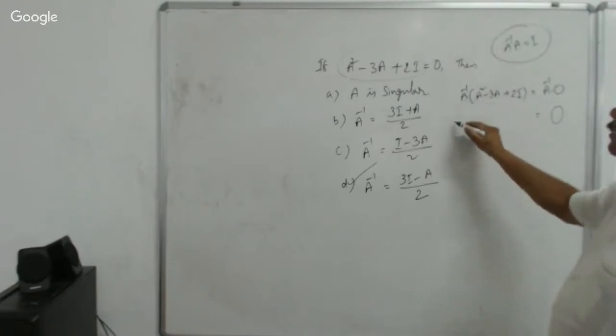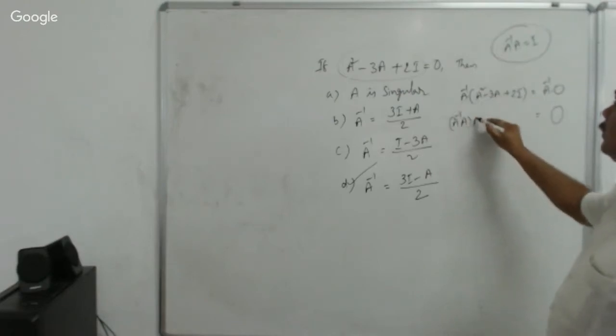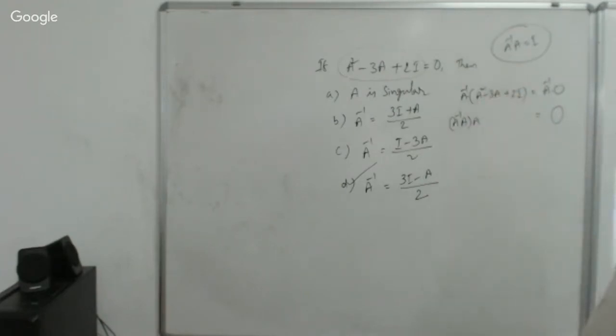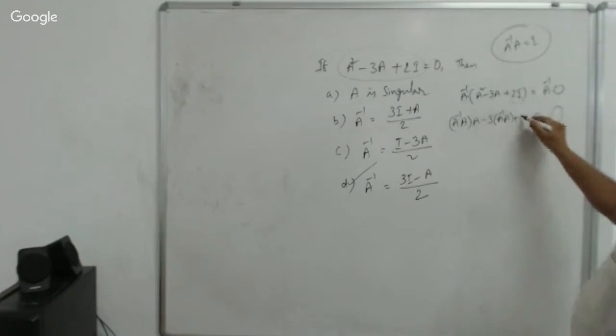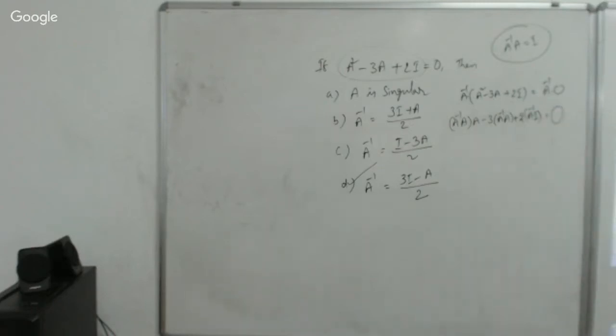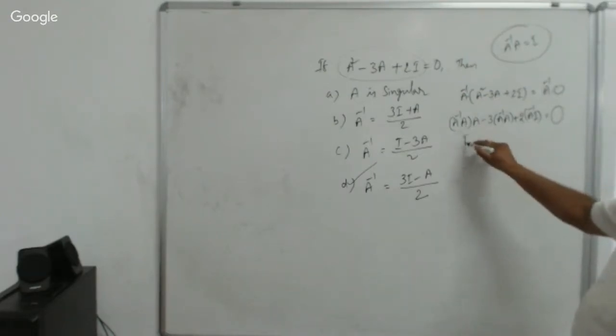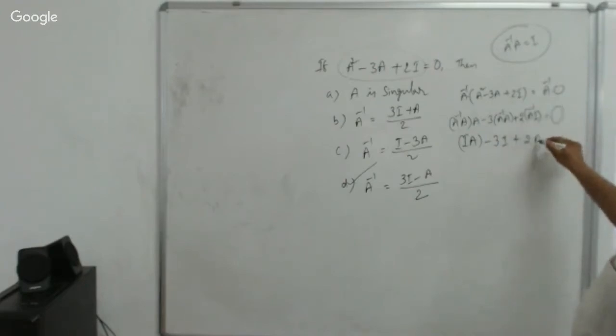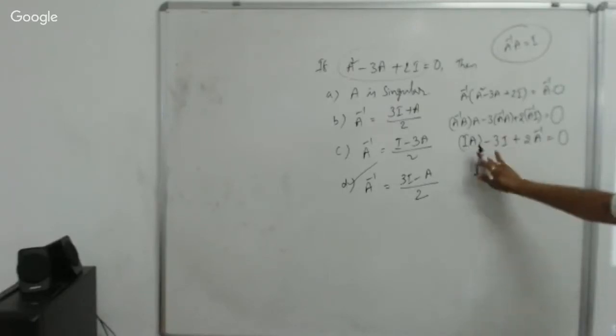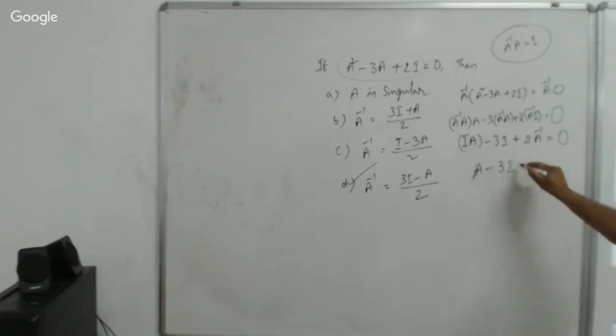Now this can be written as A inverse A into A, minus 3 into A inverse into A, plus 2 into A inverse into I equal to O. A inverse into A equal to I, so A minus 3I plus 2 into A inverse equal to O. A inverse into I equal to A inverse only.